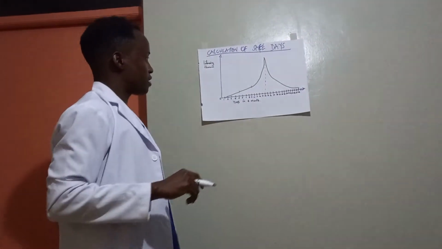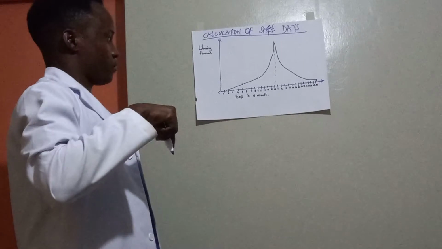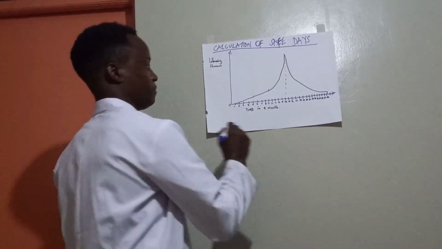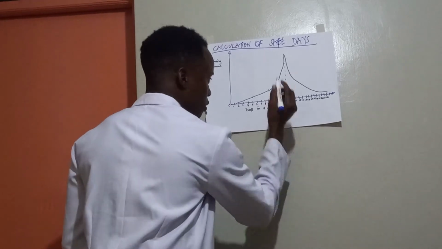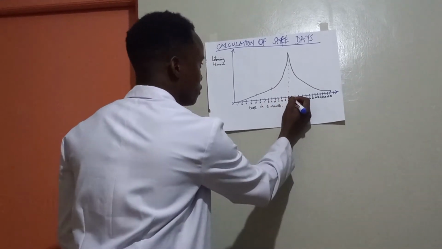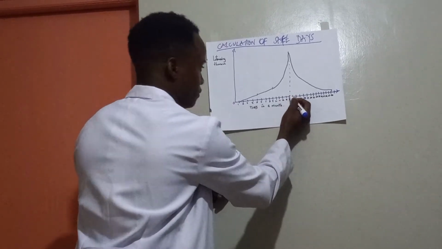Now, another scenario comes here. If, for example, this lady has unprotected sex on day 10, count days 10th, 11th, 12th, 13th, 14th. Those are how many days? 1, 2, 3, 4, 5. 5 days.